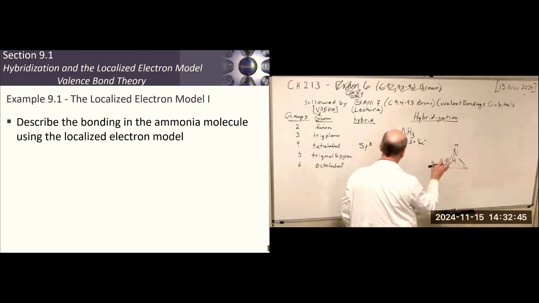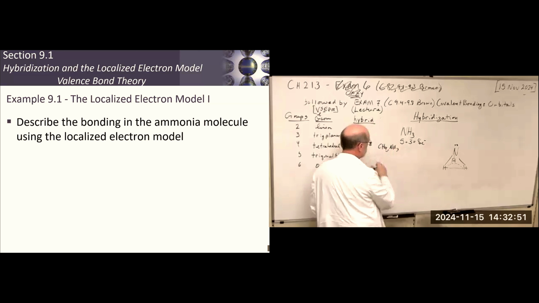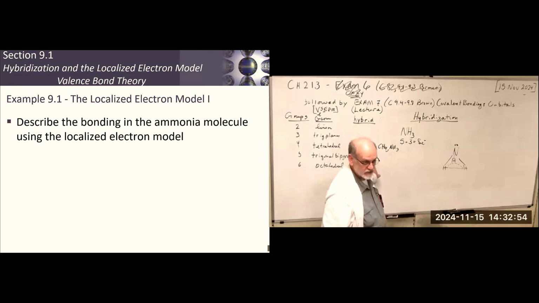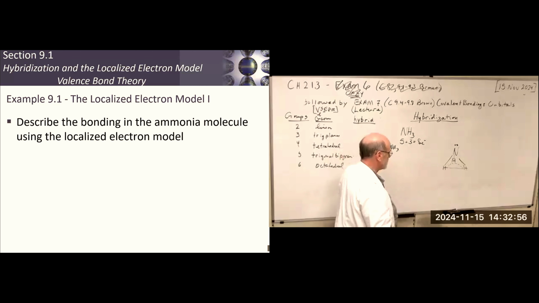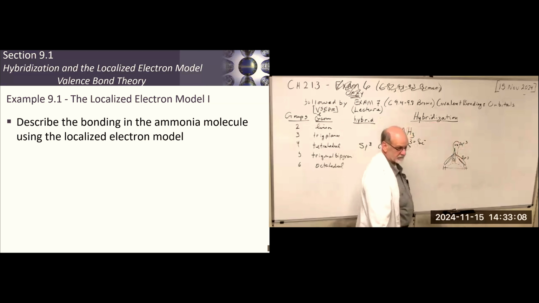So for methane and ammonia, you're going to have sp3 hybridization. What that means is this is an sp3 orbital, this is an sp3, this is an sp3, all of those, and this is an sp3 with a lone pair in it.